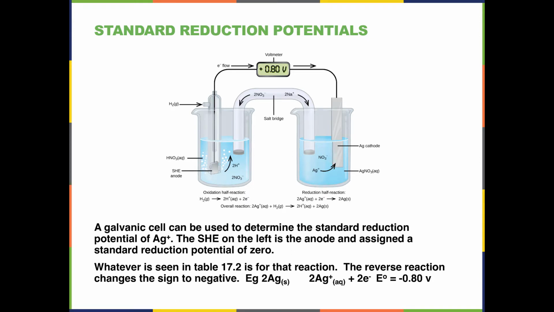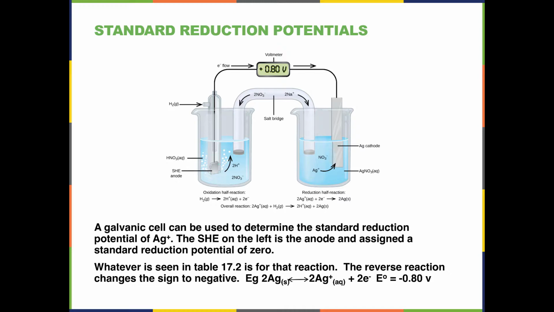Whatever you see in table 17.2 in your book, the voltage that's given is for the reaction as it is written. If the reaction is written as a reduction, then the voltage is whatever's in the book. If it's written as an oxidation, then the voltage is numerically the same but has the opposite sign.